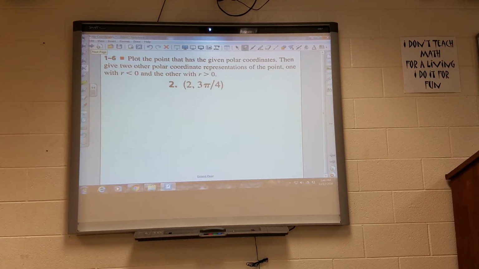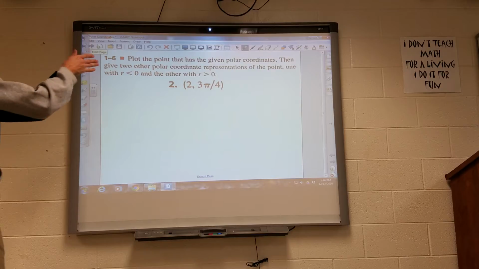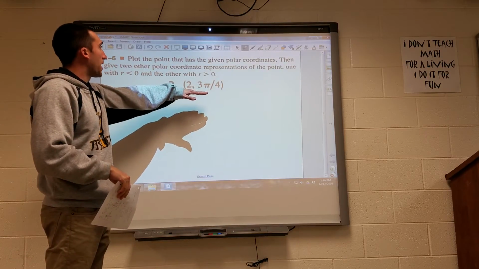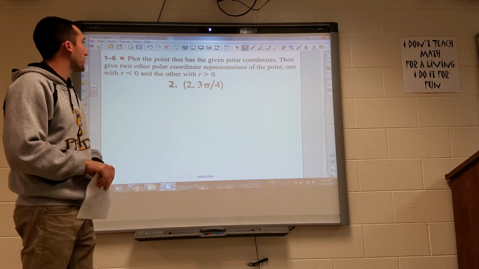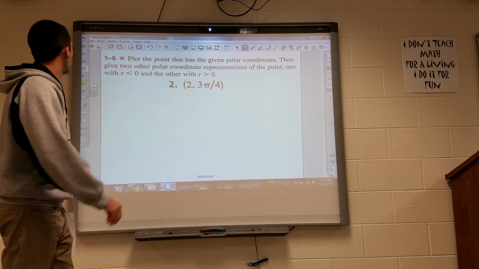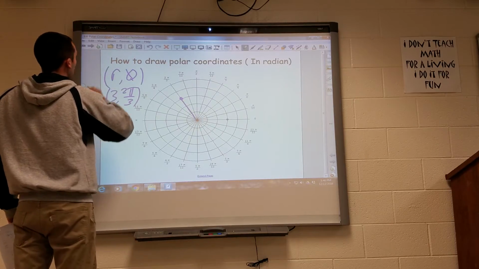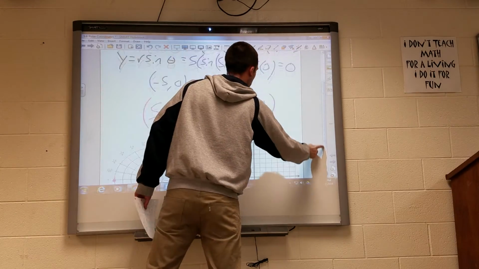Next, they want us to plot this point in polar coordinates and then give two other representations of that point. So let me go ahead and get our polar graph.